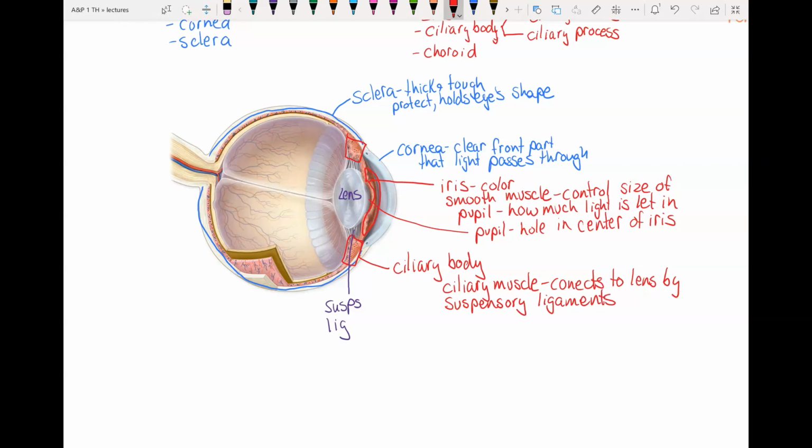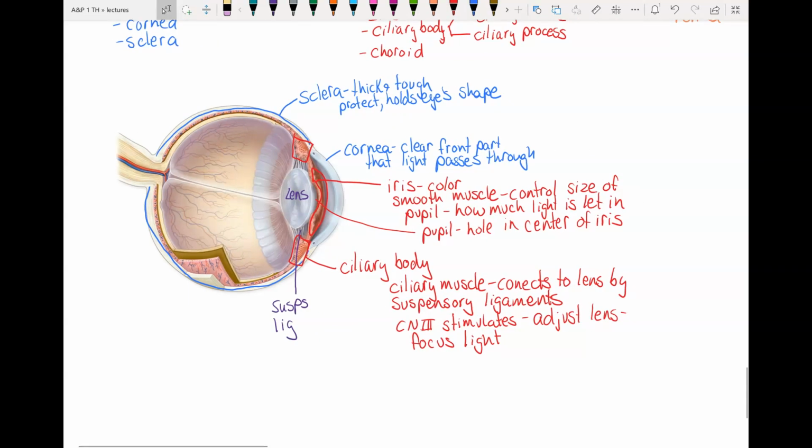And the muscle controls the lens, and this is through that oculomotor nerve, so it's cranial nerve 3. It stimulates the muscle to adjust the lens. And this is how you focus light. And by the way, up here, the iris is also stimulated by cranial nerve 3, the oculomotor.